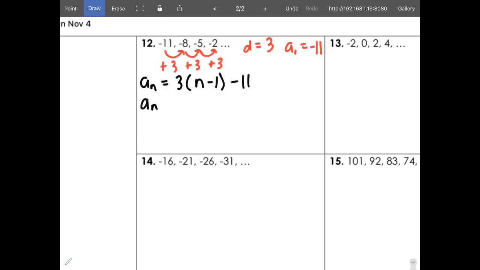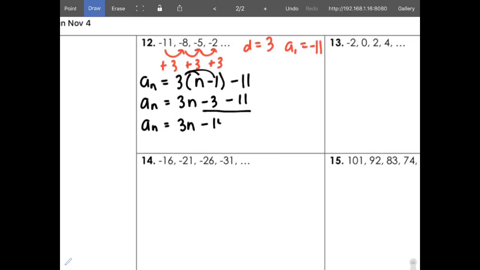So A sub n equals, now I'm going to distribute, 3n minus 3 minus 11. I can collect these two like terms. So remember when you have two negatives, like negative 3 minus 11, we're adding them and keeping the sign. If you're not sure, again, use your calculator. That's why I give it to you guys.